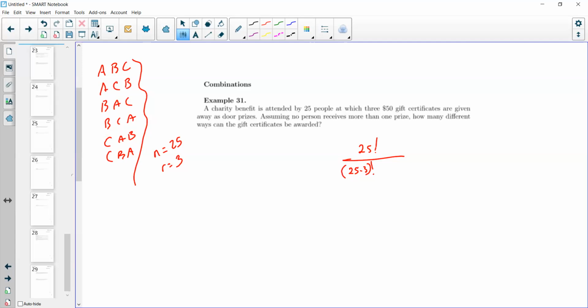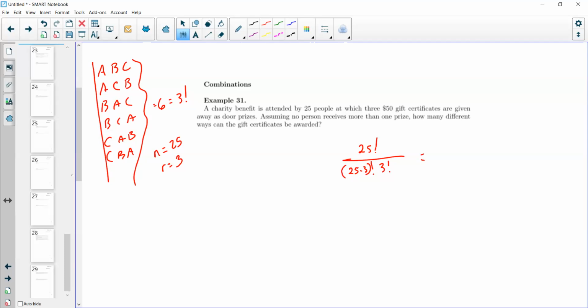What we need to do is divide by 6, which, if you think about it, is 3 factorial. That makes sense? Without the 3 factorial, it gives us all 6 of these, but they're all the same because the order doesn't matter. It's the same gift certificate to everybody. It doesn't matter who got one first.